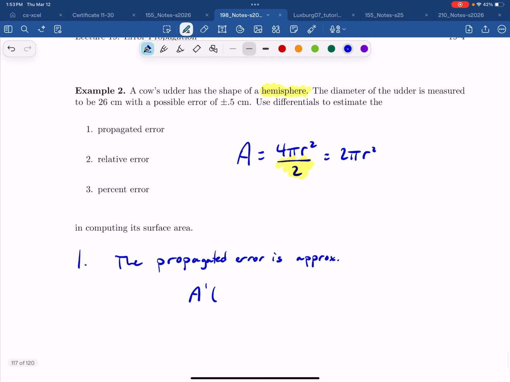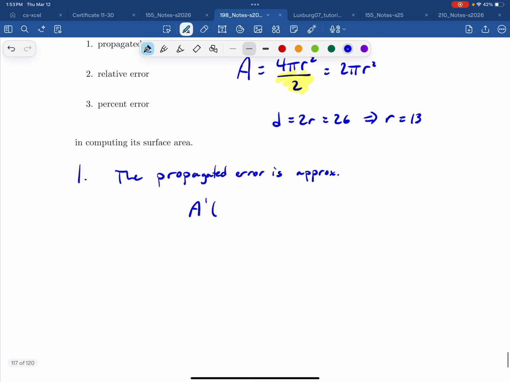What are we actually plugging in? Well, if the diameter equals 2 times the radius, and that's 26, then r equals 13. So we're talking about a prime of 13, which equals 4 pi r, and then we're plugging in r equals 13.